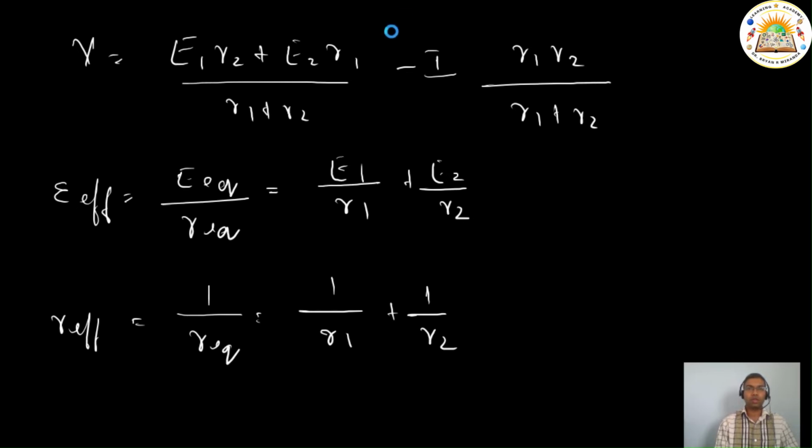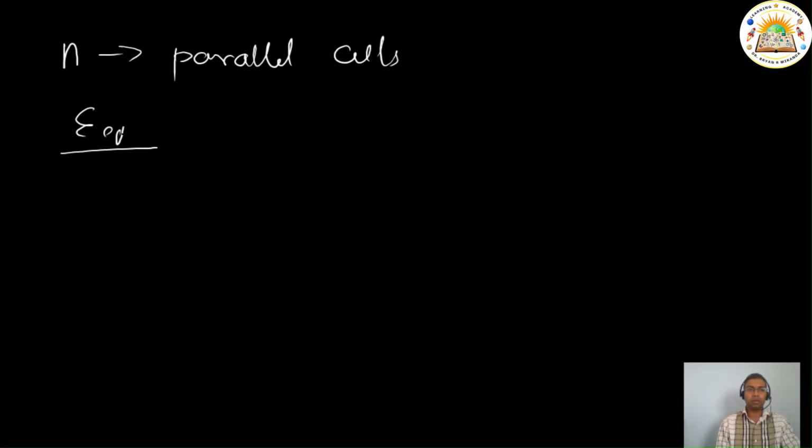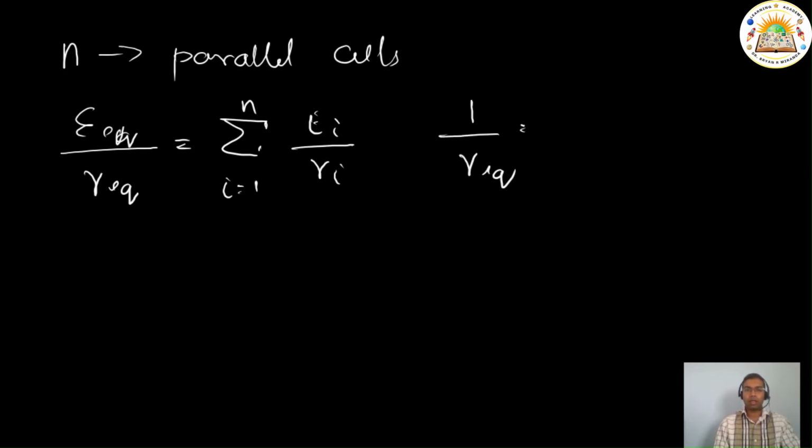So if we have, let's say, n number of cells that are connected in parallel, then we can have a look at the EMF. So we can write it as E equivalent by R equivalent is equal to summation i equals 1 to n of Ei by Ri, and 1 by R equivalent can be written as summation i equals 1 to n of 1 by Ri.